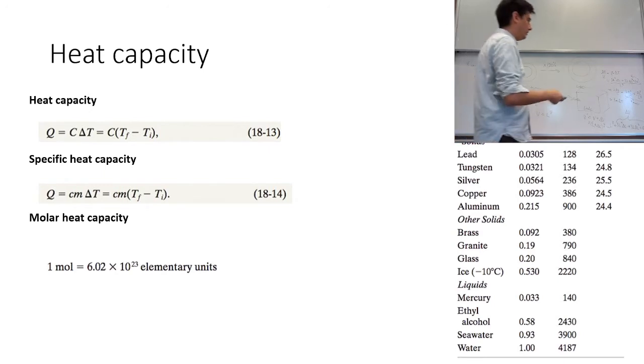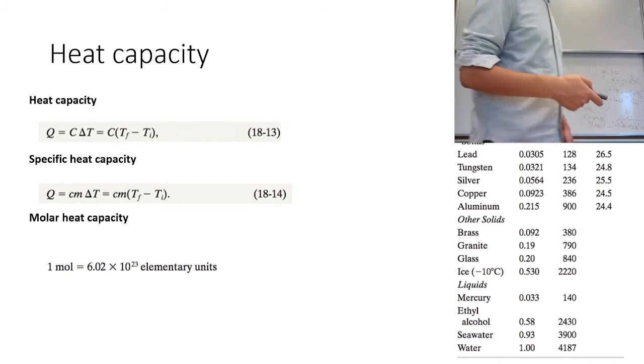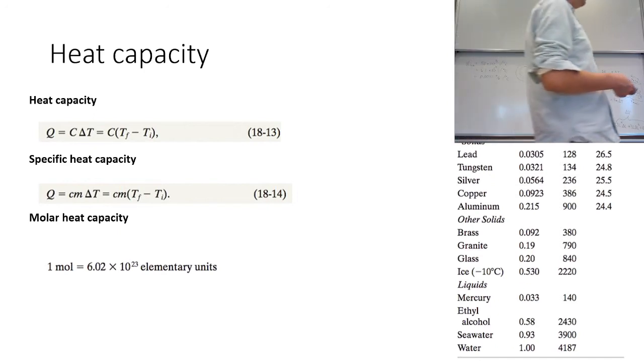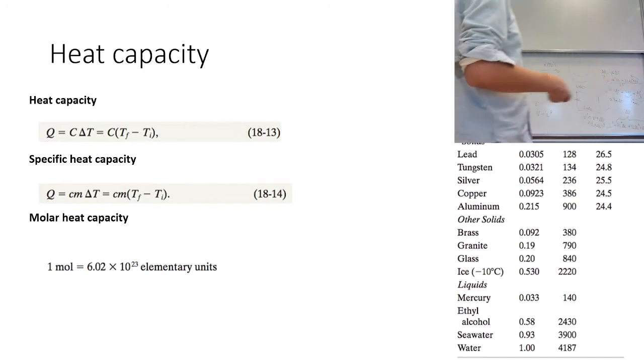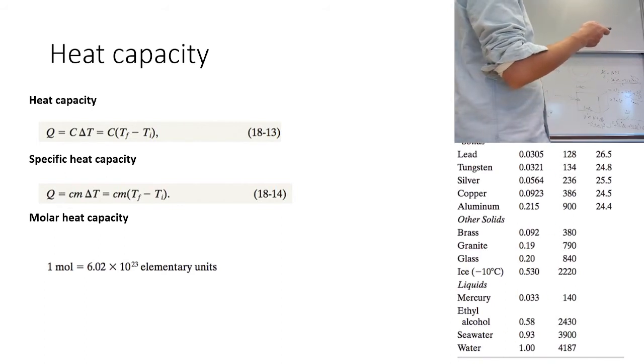The more common type of heat capacity is the specific heat capacity, which is a more material dependent thing. We're talking about how much heat it would take per degree per gram or kilogram of the material. This is a table showing various materials and how much energy it takes to raise them by one degree Kelvin.